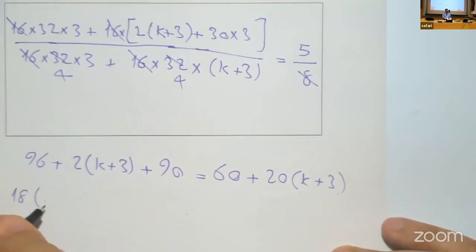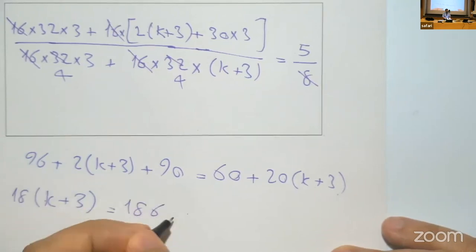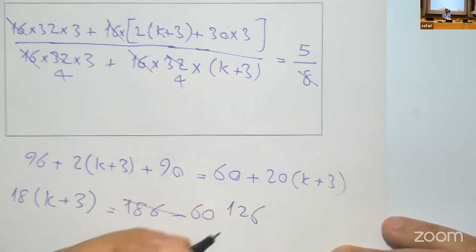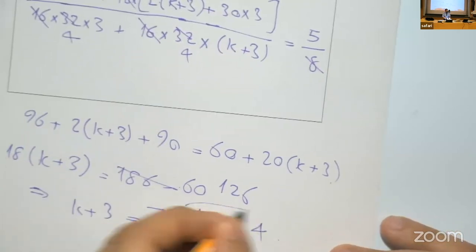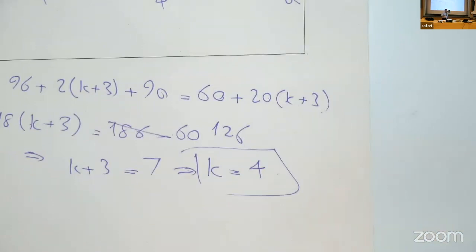Then we would have 18 C0 plus 3 equals minus 60, so then this is 7, and then C0 is 4. Is it clear? Okay.